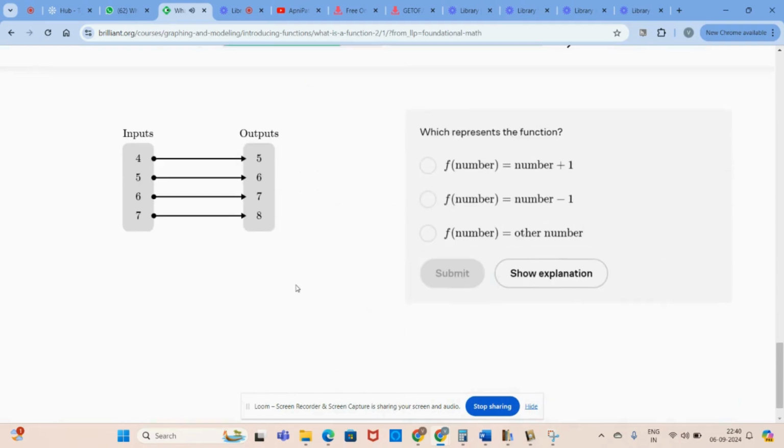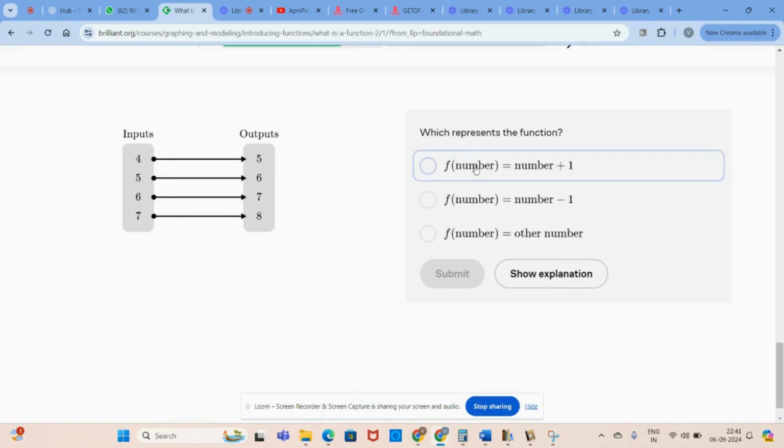So here, again, we have a mapping, and this mapping is again a function. Why are we calling it a function? Because each of the inputs in the input group is linked, or mapped, to a single output. And the rule by which the inputs and outputs are mapped is given for every input that we have. Now in here the inputs are numbers, and that's why we have a question on the right which asks which of the following represents the function that we have on the left.